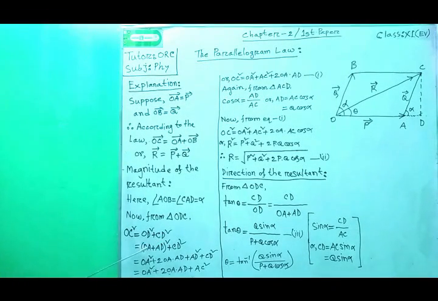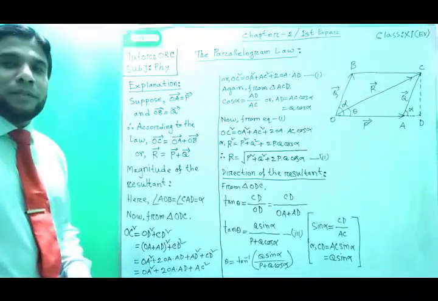Now you can see a common formula, A plus B whole square equals A square plus 2AB plus B square. Here A is OA and B is AD: OA square plus 2 OA into AD plus AD square.